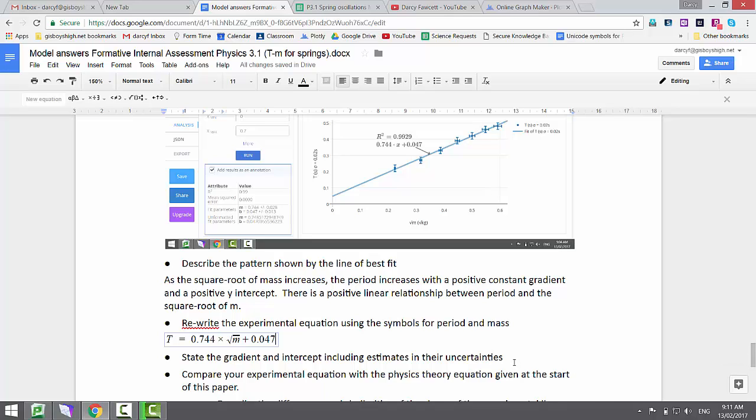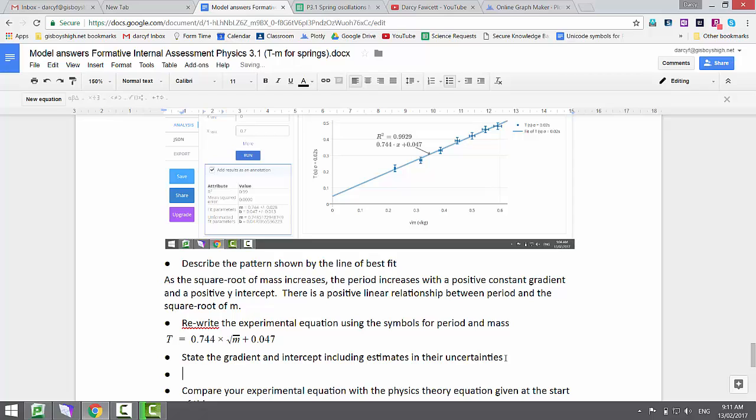Okay, so let's quickly now extend it into this year's work, and Plotly makes this really easy. So our gradient, sorry, let's use an equation for this because you'll see why in a minute. Your gradient equals 0.744. Agreed. But there's an uncertainty in it. The straight line could be shifted up and down a bit because it's constrained by these points.